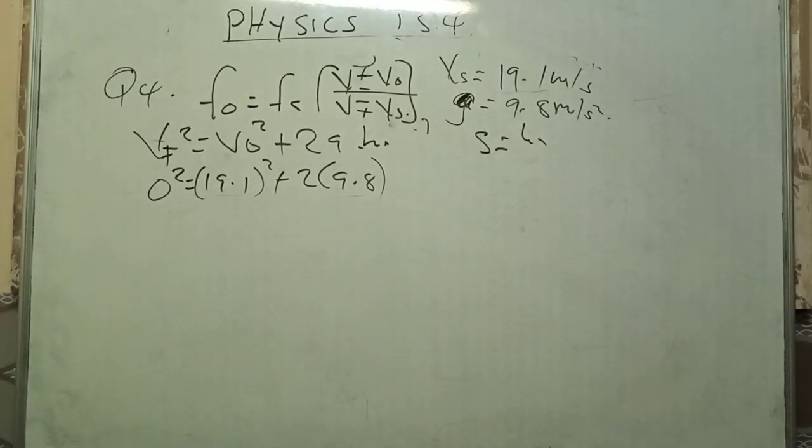But again, we need to understand something. Since this is g, we are going to take g as negative. Or if you want, you can say my initial velocity was 0, meaning this is your final velocity. Maybe that way it can help us.